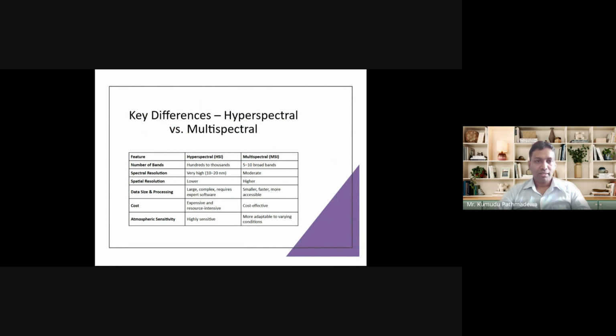Then the spectral resolution: for hyperspectral, the spectral resolution is very high, 10 to 20 nanometers. This one is moderate. Spatial resolution is lower for hyperspectral and higher for multispectral. Why does this happen?